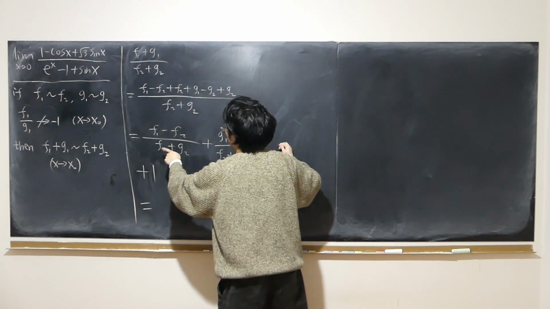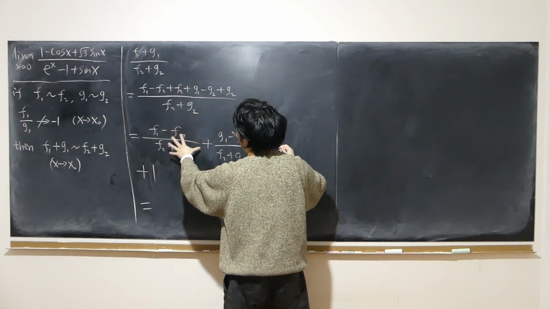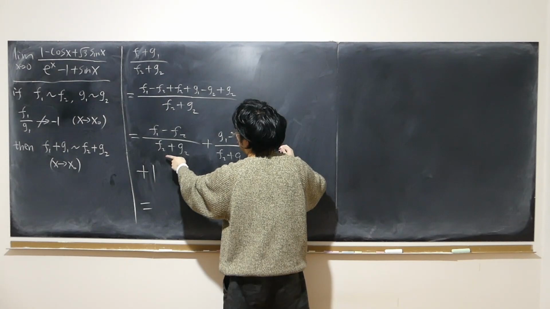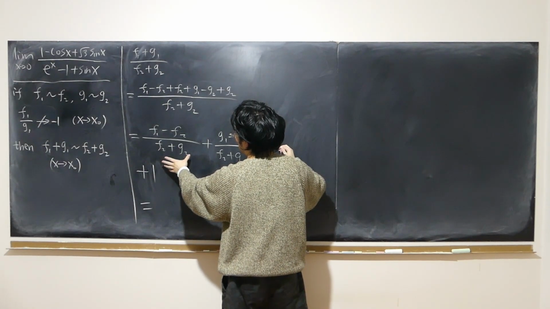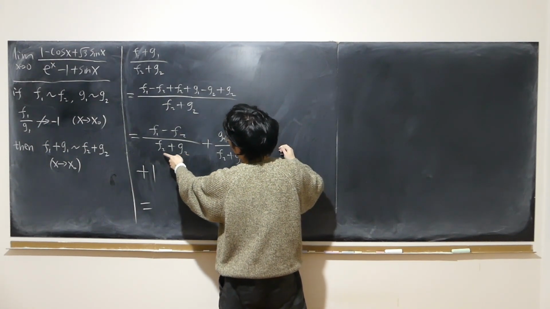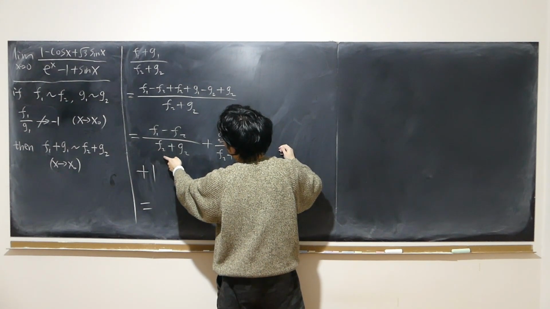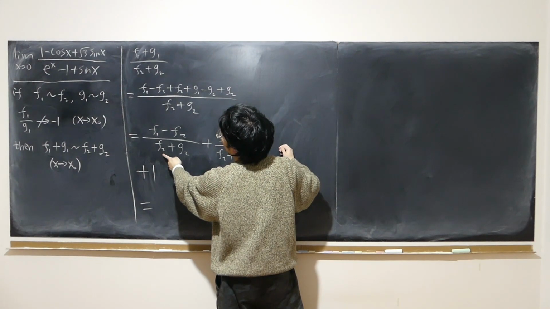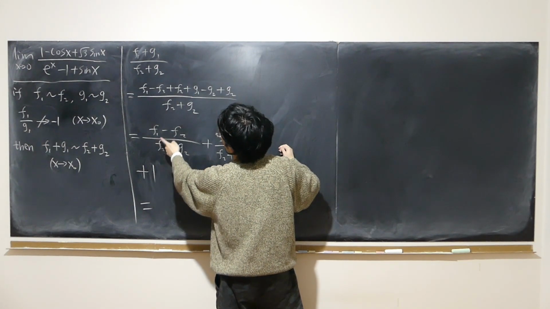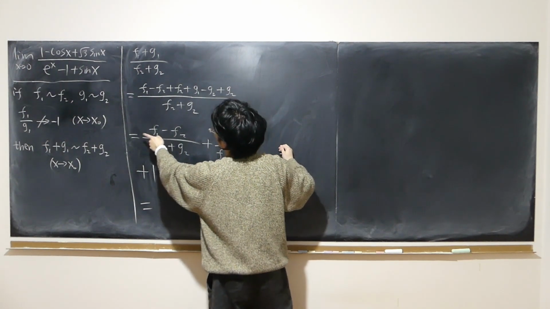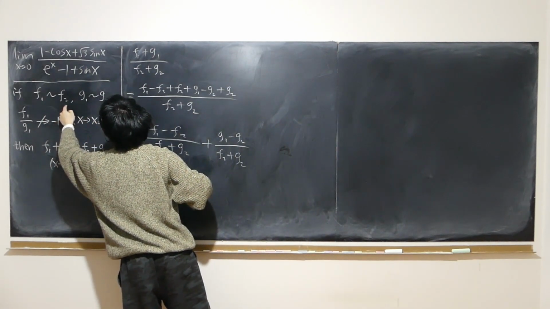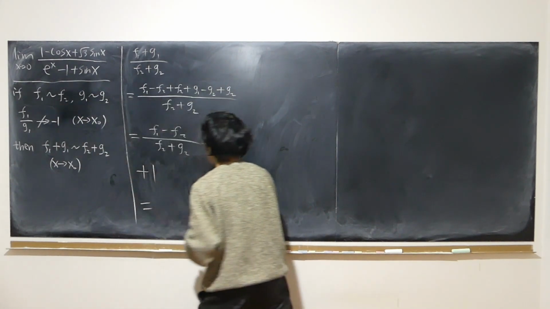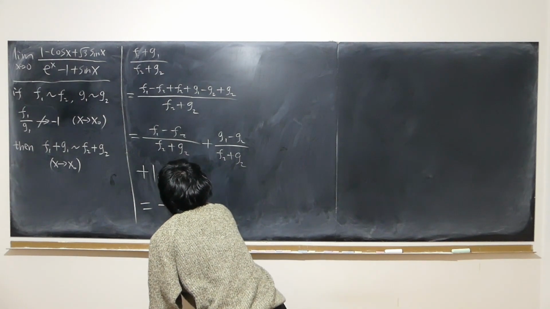So maybe I can just first factor out f2, or just maybe divide by f2 straight away. Therefore, I can have f1 over f2. It says f1 over f2 approaches 1. So this is what I'm going to do.